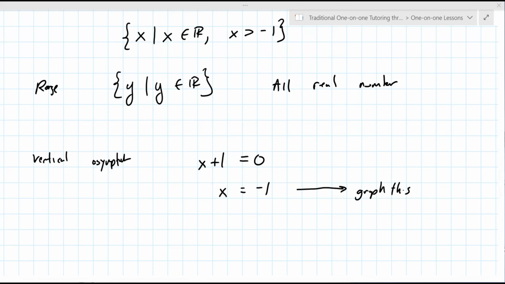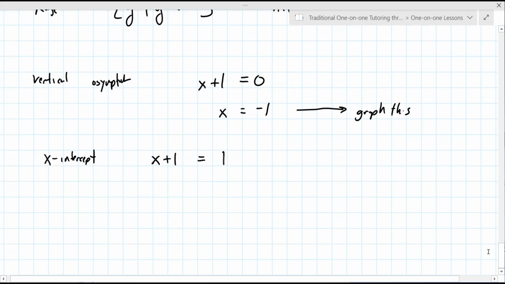To graph it though, we can find the x-intercept. The x-intercept is setting the inside part equal to 1.